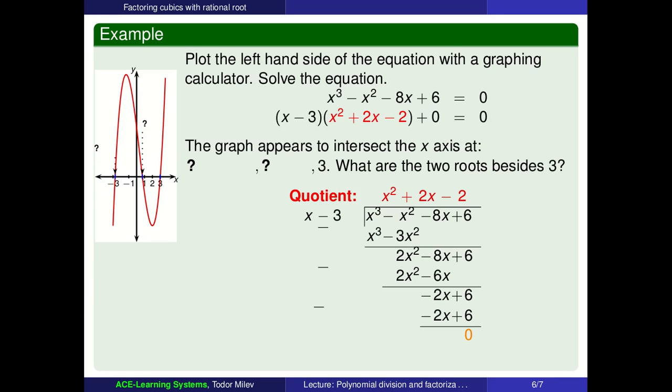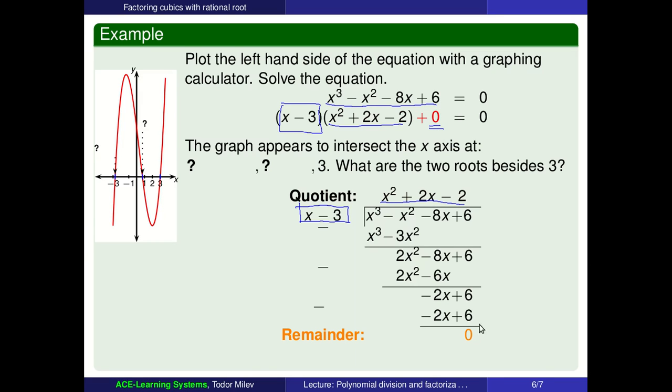So, a reminder, this polynomial here is equal to the quotient times the divisor plus the remainder.